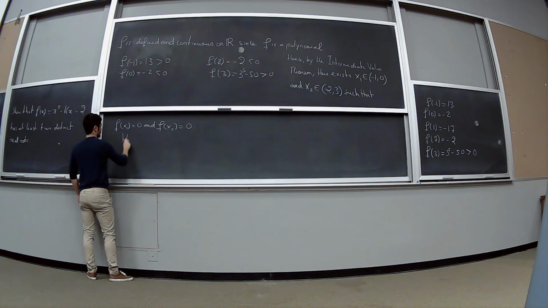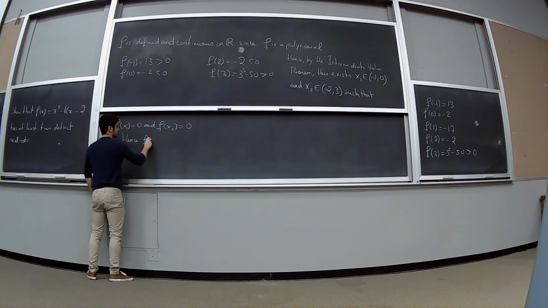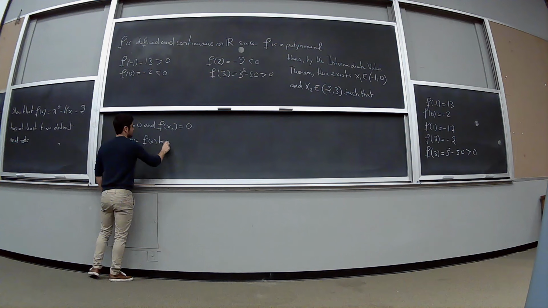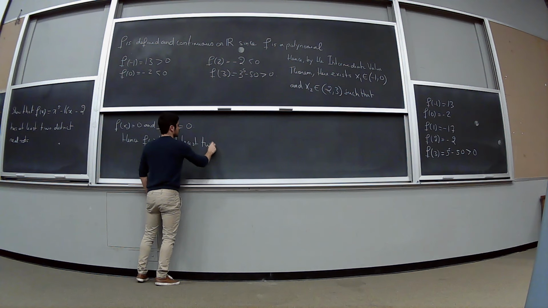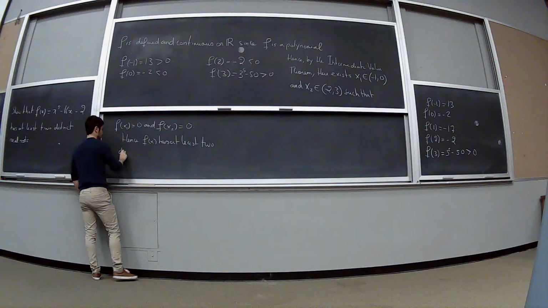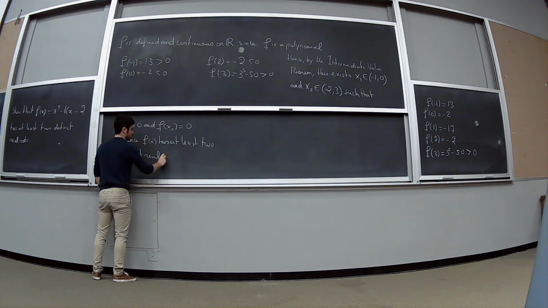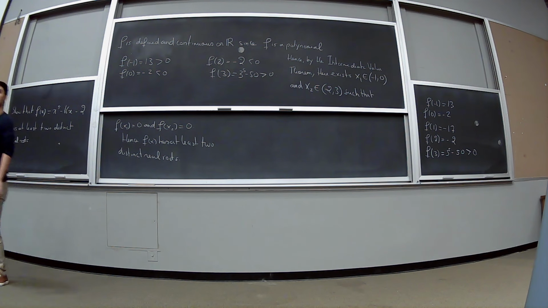Hence, f of x has at least 2 distinct real roots. Okay, are we good here?